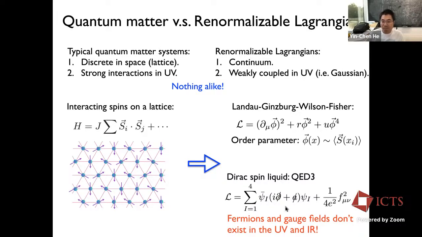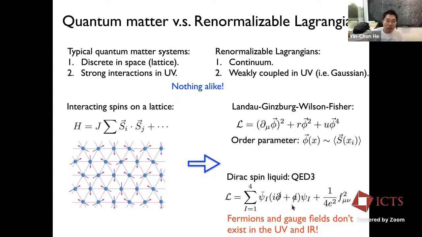But although you can define those fermions and gauge field in the UV of a field theory, the gauge coupling is relevant and it will drive the system into the strong coupling limit in the IR, which makes the fermions and gauge field not sensible anymore.